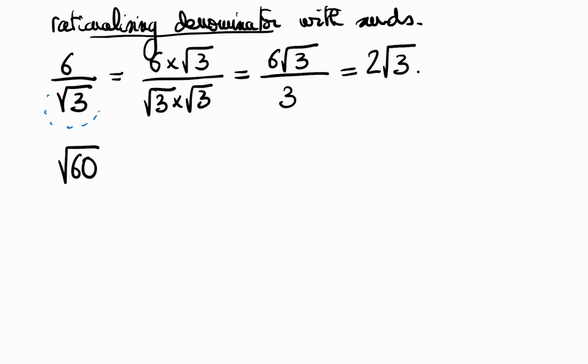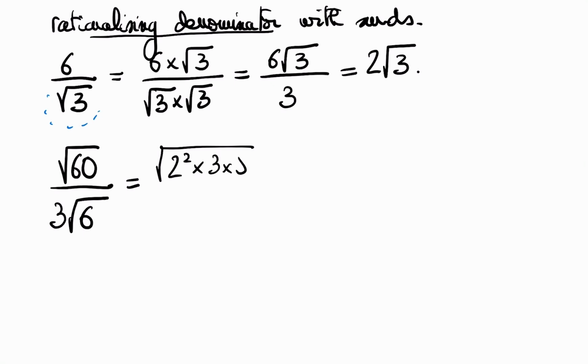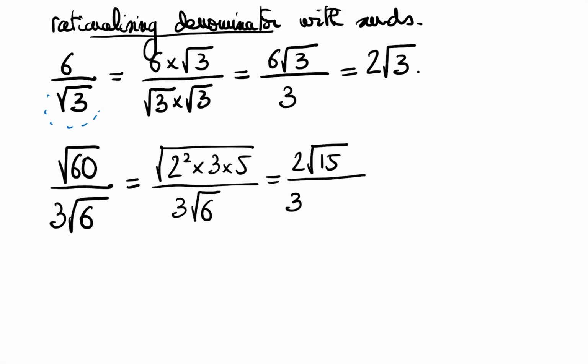Let's do another one. Root 60 over 3 root 6. Okay, so we need to simplify. 60 is 6 times 10. If I look for the prime decomposition of 60, that's 2 squared times 3 times 5, so root 60 over 3 root 6 is 2 root 15 over 3 root 6.